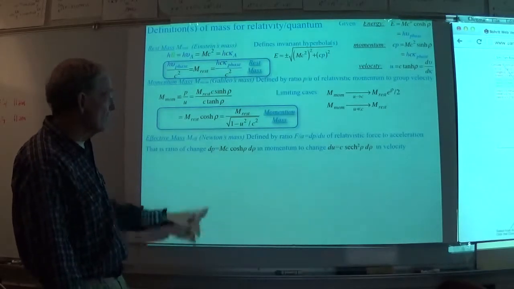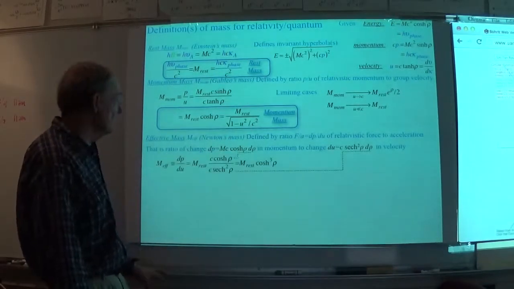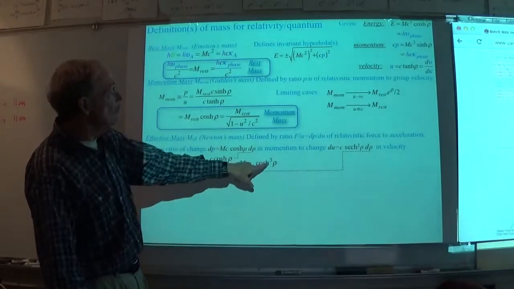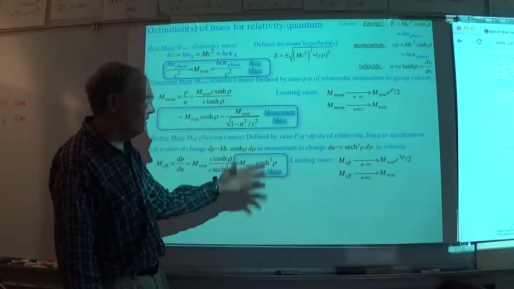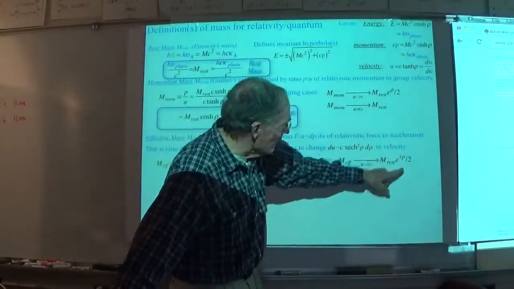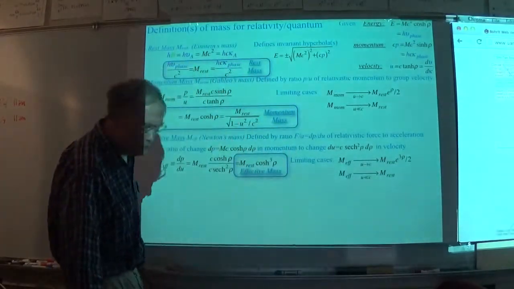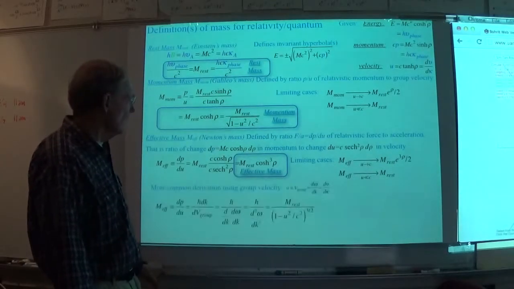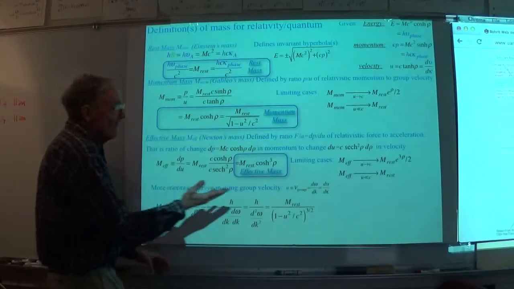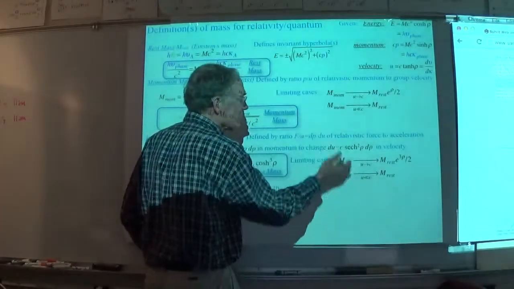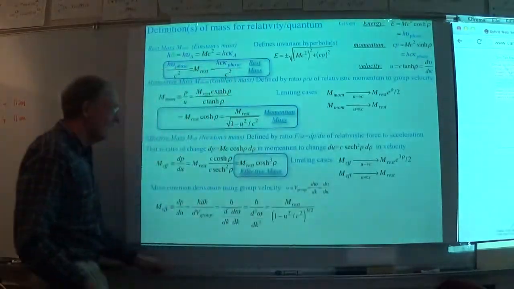Dp is this, du is that, put them together and you get cosh cubed. That's the effective mass. That one goes up as three rho. This is really something. These all become the original rest mass at low speeds, but at high speeds they go bananas.